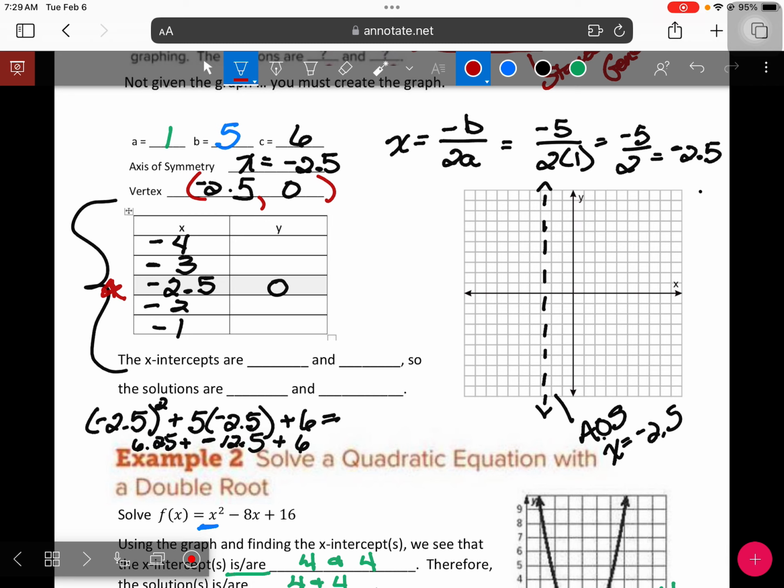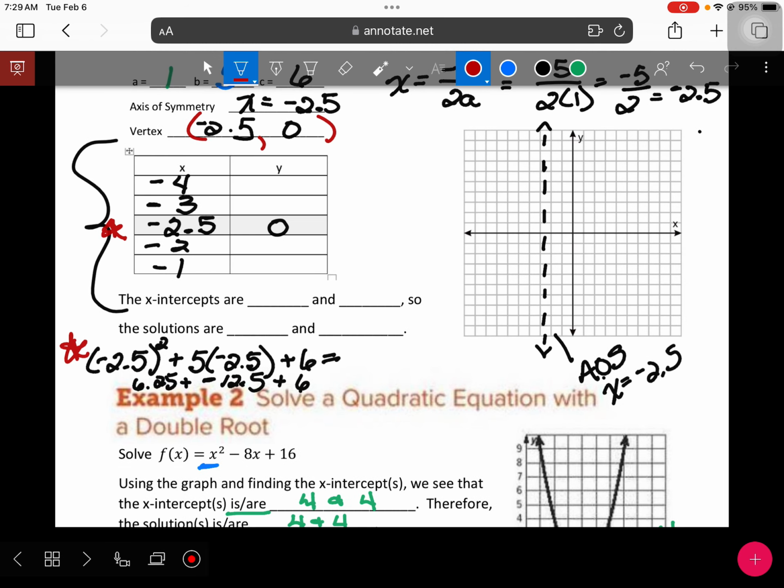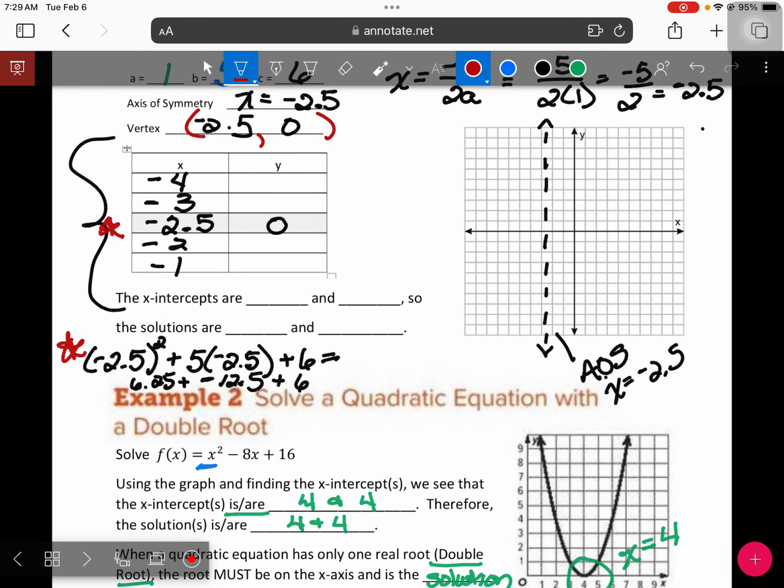So for negative 2.5, it was quantity negative 2.5 squared, which is 6.25, plus 5 times negative 2.5, which was negative 12.5, and then plus 6. When you add these all together, you do not get 0. So erase that 0 for the y-coordinate of the vertex.